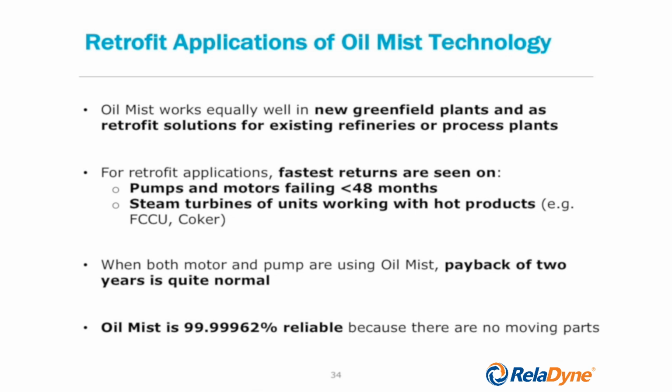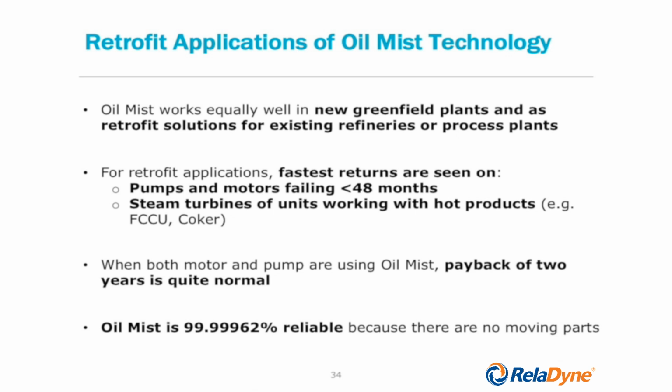You will certainly be able to increase the life expectancy of these motors, the mean time between failures, from previously 36 or even 48 months to something well in excess. And the same is true for steam turbines in units that work with hot products. A good example would be the FCCU, the fluid cat cracker unit, or the coker unit, and that's where you have hot products.